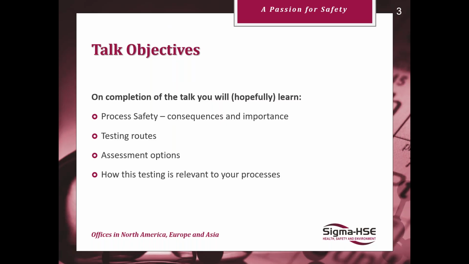Again, some assessment options and risk assessments and so on. But also we'd like to educate a little bit, not too much detail on the tests themselves, but hopefully we explain a little bit on how these tests may be appropriate or relevant to your processes.